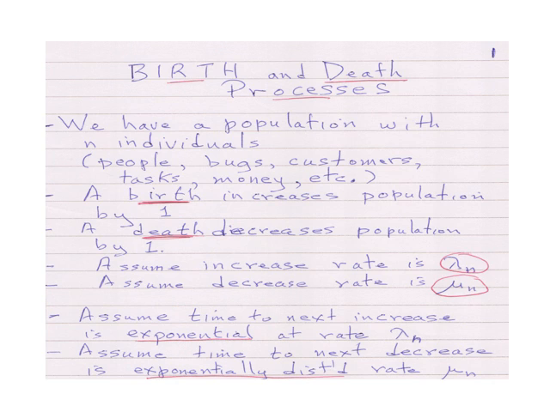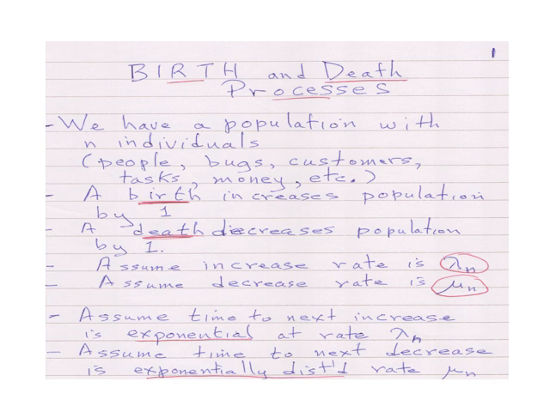We will assume that the time until the next increase is exponentially distributed with rate lambda sub n, which means the expected time until the next increase is 1 over lambda sub n. We will assume that the time until the next decrease is exponentially distributed with rate mu sub n. In other words, the expected time until the next decrease is 1 over mu sub n.